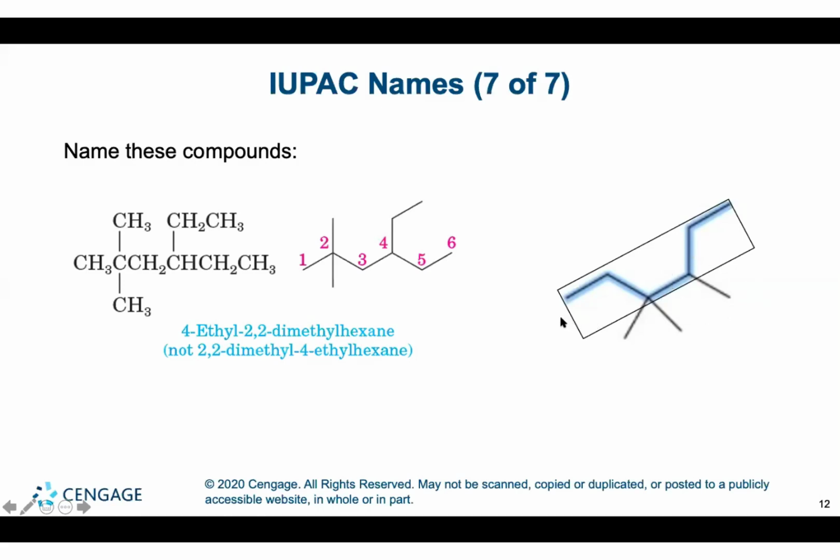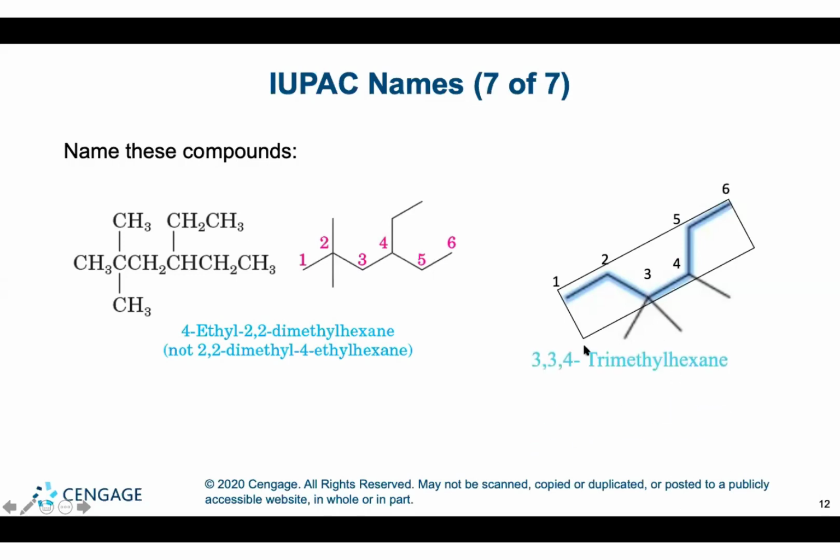So I start from the left side to reach the crowded branch sooner. Whenever you have the same branches and you reach them with the same numbering, you are gonna go from the side that you have more branches on that carbon.